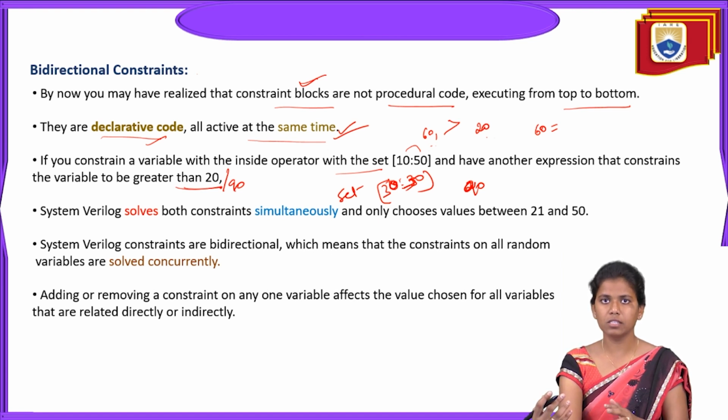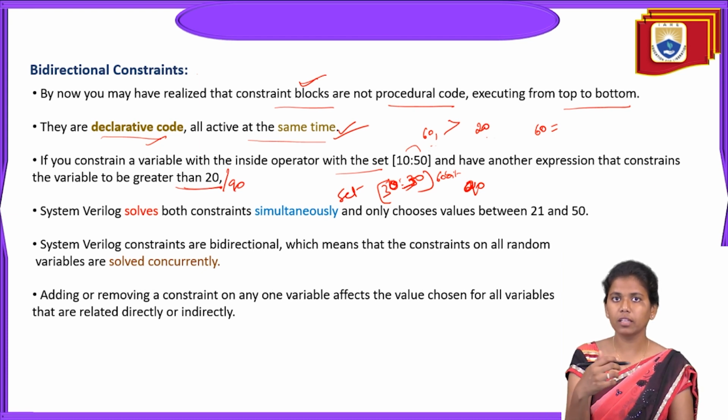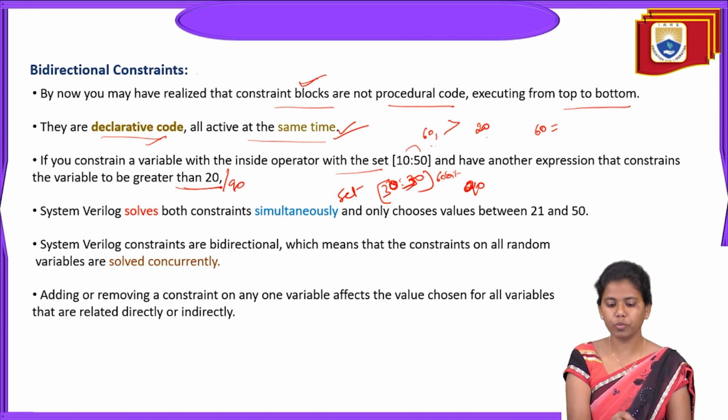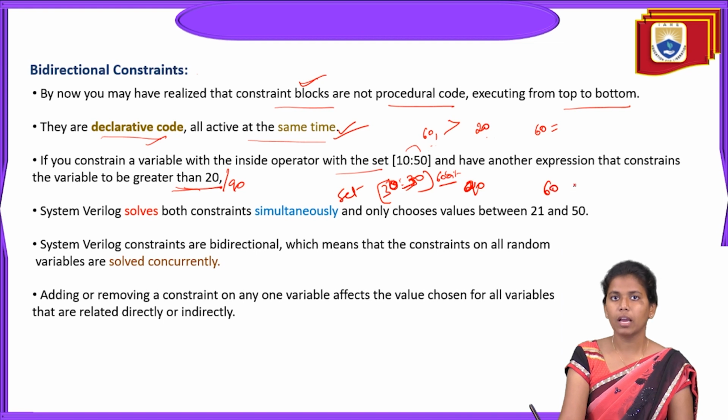So I consider a set with 30:30, that is a total of 60 bits, and then the expression on the variable is to be less than 90. Previously we considered greater than 20, and now I'm considering it must be less than 90. So here, how many bits do I have? 60 bits. And what am I telling?